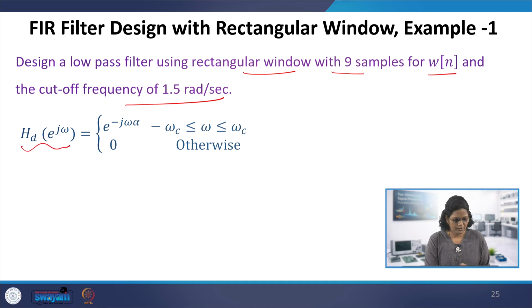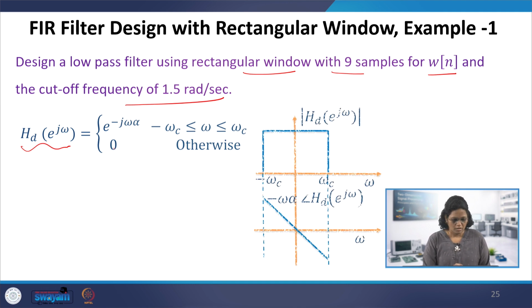Given Hd of e power j omega, the desired response is e power minus j omega alpha in the region of minus omega c to plus omega c, and 0 otherwise. If we visualize this response, Hd of e power j omega is 1 from minus omega c to plus omega c, so its magnitude is 1 and its phase is linear, with omega alpha slope, the e power minus j omega alpha term.